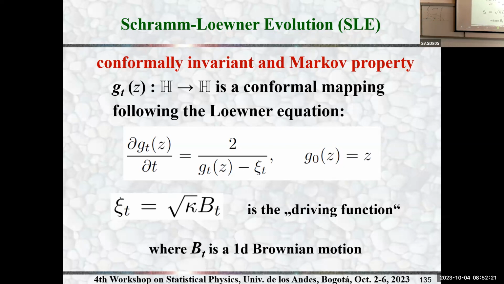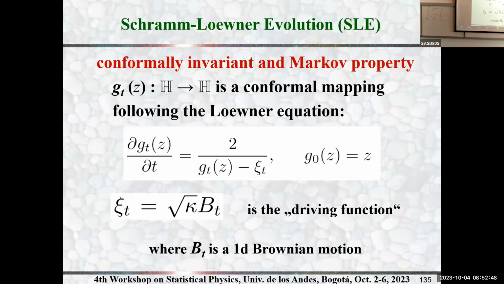Now, this G is not just a fixed mapping. This G makes an evolution. This is why it's called Schramm-Loewner evolution. The mapping itself depends on the parameterization of the path, which is time. You go along the path, this you call time, and both of these transformations depend on this time.